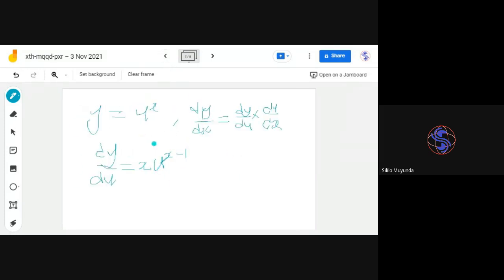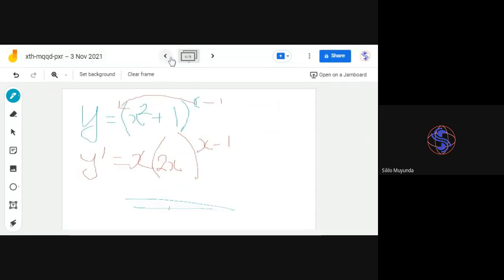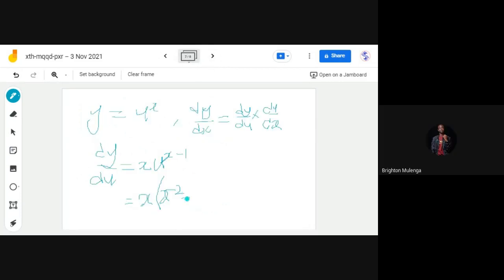After finding this, we just multiply it by the other thing that we found here. Let's write this nicely while doing the correct replacement. The u is x squared plus 1, then you have an x outside there, less 1.